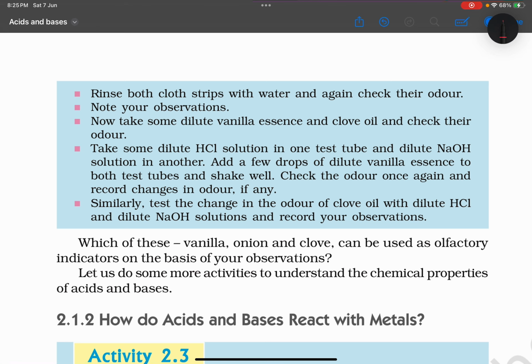The observations are very simple. When you cut onion pieces or when you take the dilute vanilla or when you take clove oil, all these have some specific smell, and that smell remains constant in acid, no change.